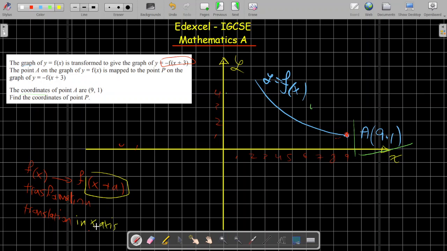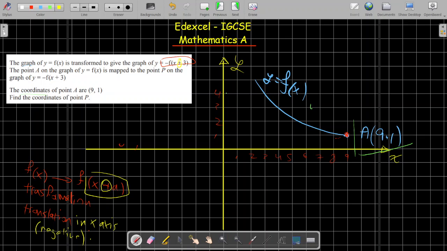The only thing that is confusing is, is it gonna be in the positive side or in the negative side? When you see the sign inside of the bracket, since it's positive, plus 3, it means that it's a translation in the x-axis, but not in the positive direction. It's gonna be in the negative side. This is the thing that might be confusing for the majority of students.